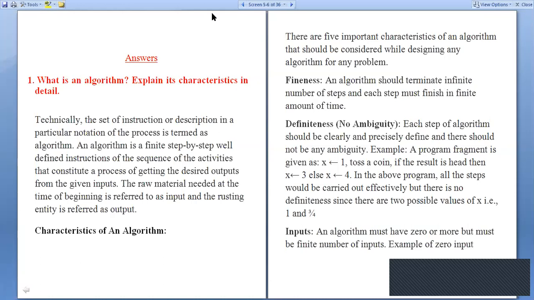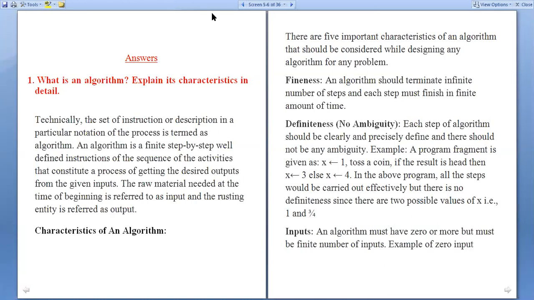The algorithm should be clear and should give clear instructions. So definiteness means no ambiguity. Each step of the algorithm should be clearly and precisely defined.